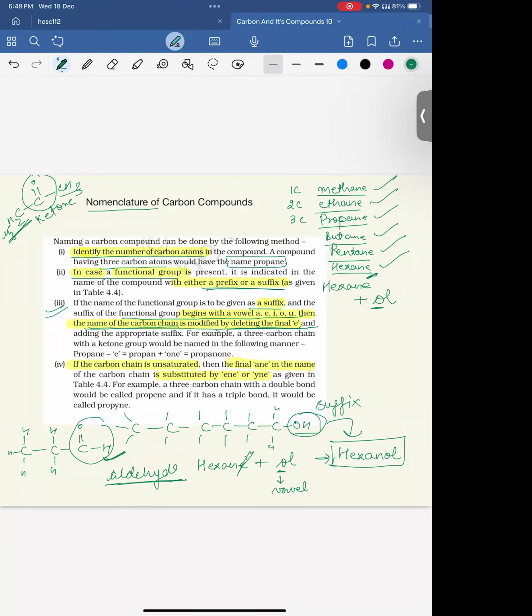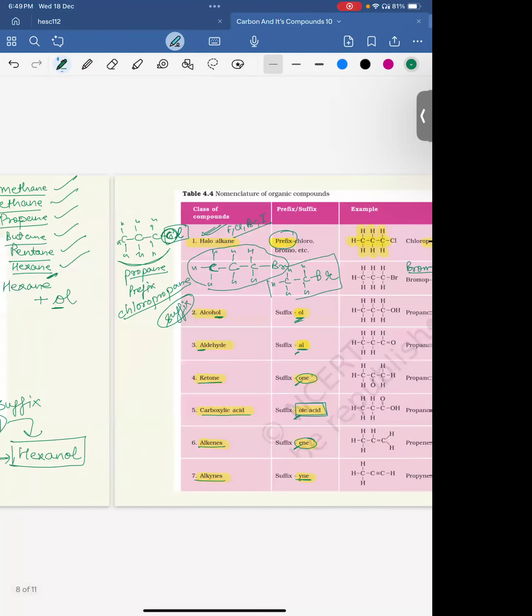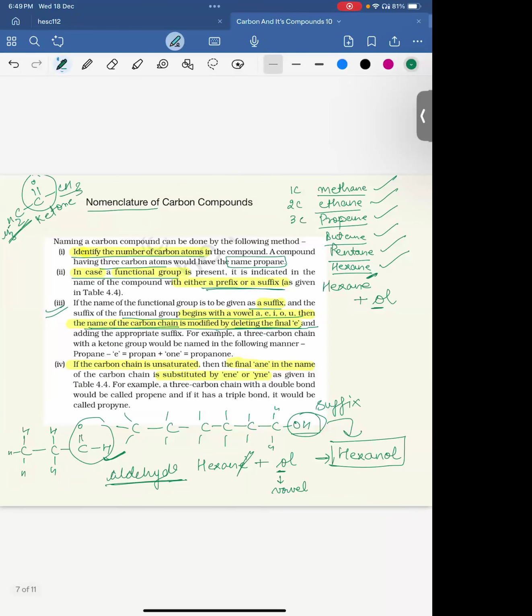Now we see the number of carbons in this. How many carbons are there? There are 3 carbons. So what is the name of the carbon chain we'll use? Methane, ethane, propane, butane. Propane.